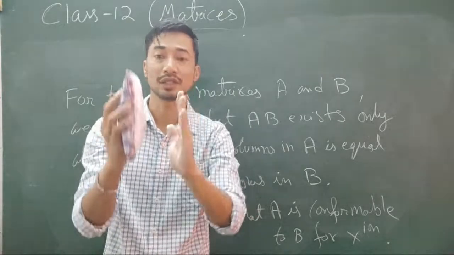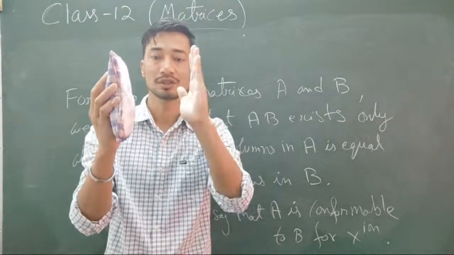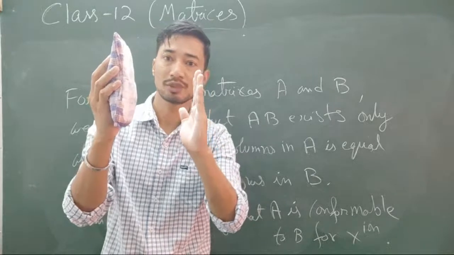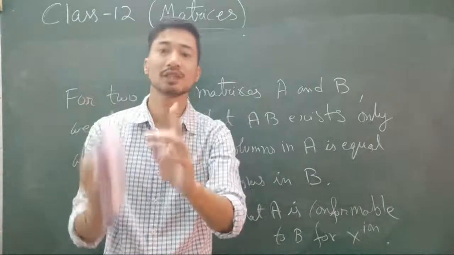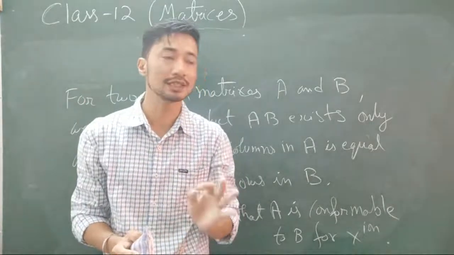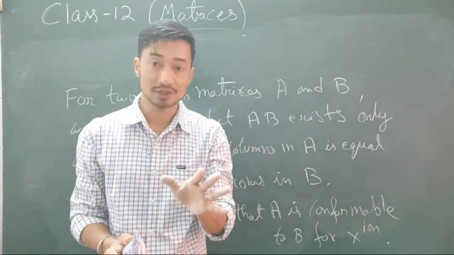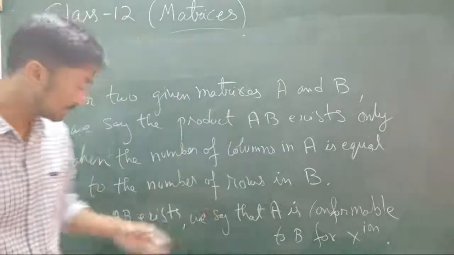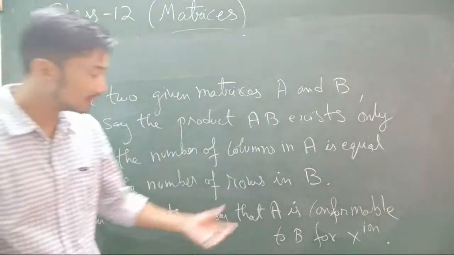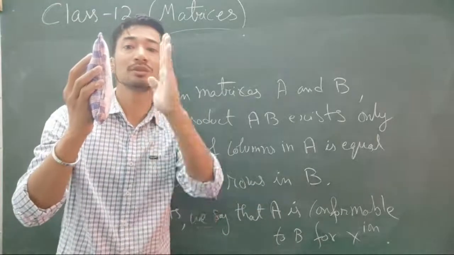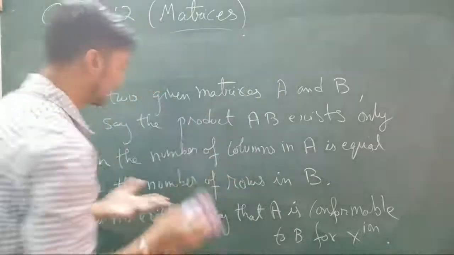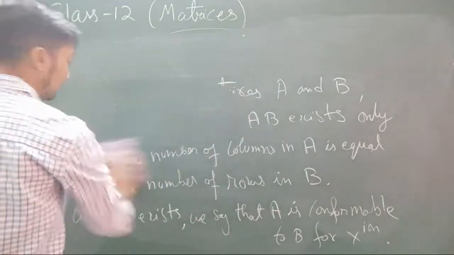First, second. Then only we can go for matrix multiplication. Otherwise, not. And if AB exists, then we say that A is conformable to B. That's what we say technically.